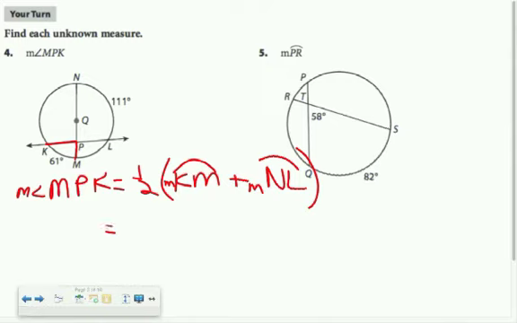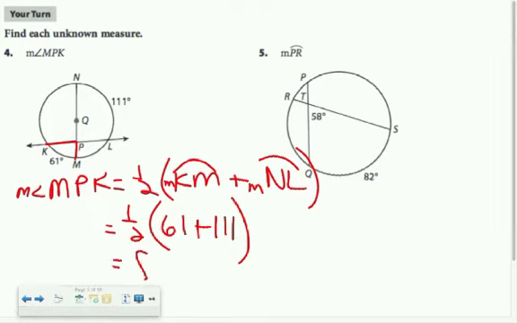So angle MPK will equal half of 61 plus 111. And in my calculator, that's 172 divided by 2 is 86.